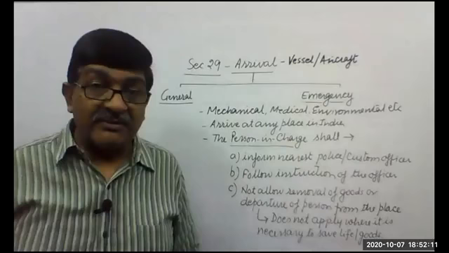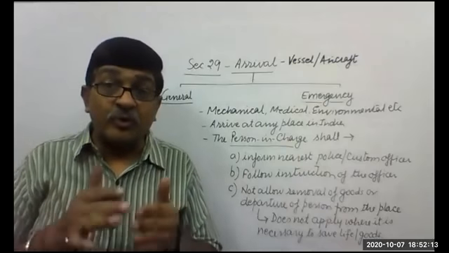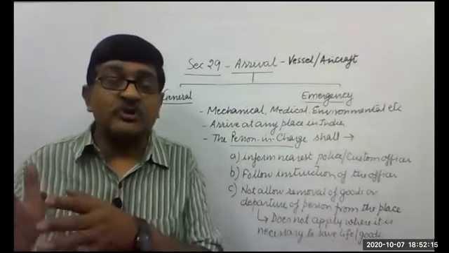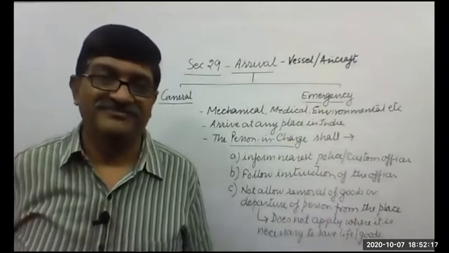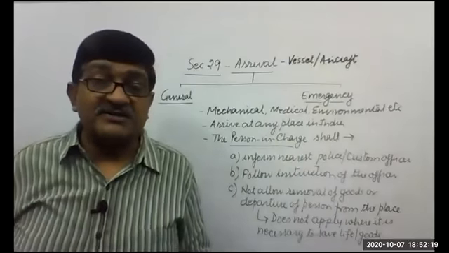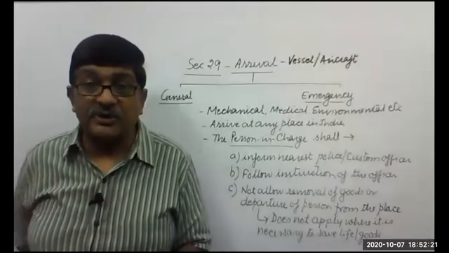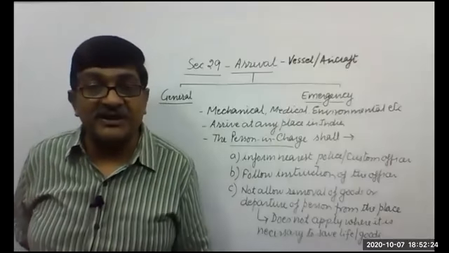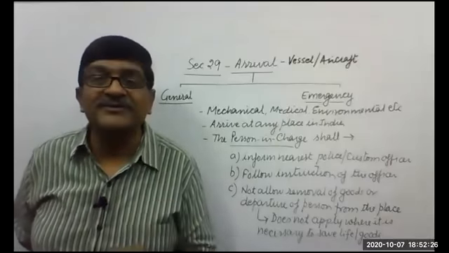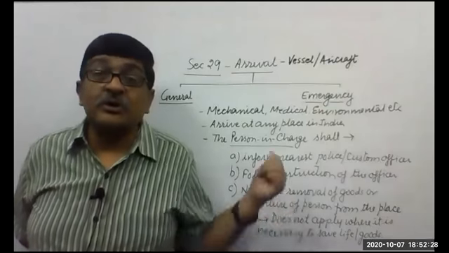So if it is a case of medical emergency, then certainly the patient plus some more people will have to depart from their place, take him to the medical facility at the earliest possible. And if by chance there is something by which the goods are likely to be destroyed, then remove the goods at the earliest possible so that those are not destroyed. So in exception also, there is an exception.